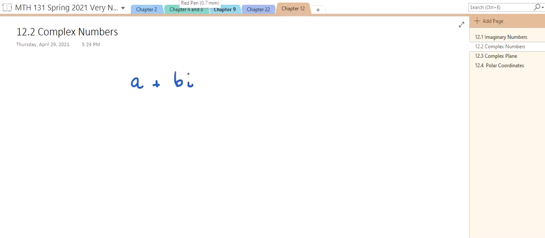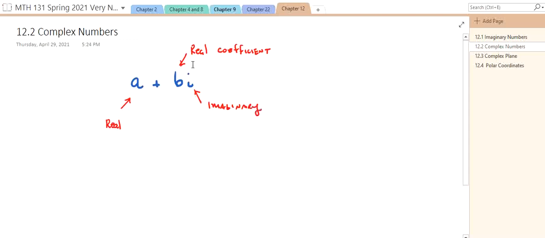In this situation, a is a real number, b is a real number, and it's really a coefficient since it's multiplied by i. And i is imaginary. And that's the form that a complex number will take.